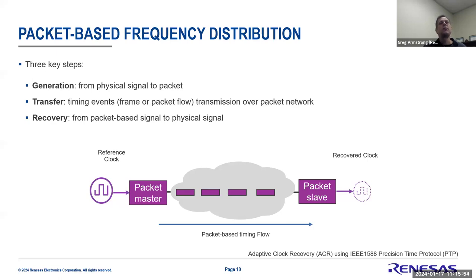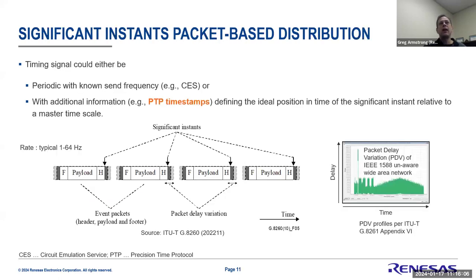And so a lot of times we see people implementing what we call adaptive clock recovery techniques to recover that clock, where you'd have to look at the packet flow itself, and again, try to identify those significant events, but effectively filter out any of the variation that may be occurring in when those significant events are arriving at the receiver.